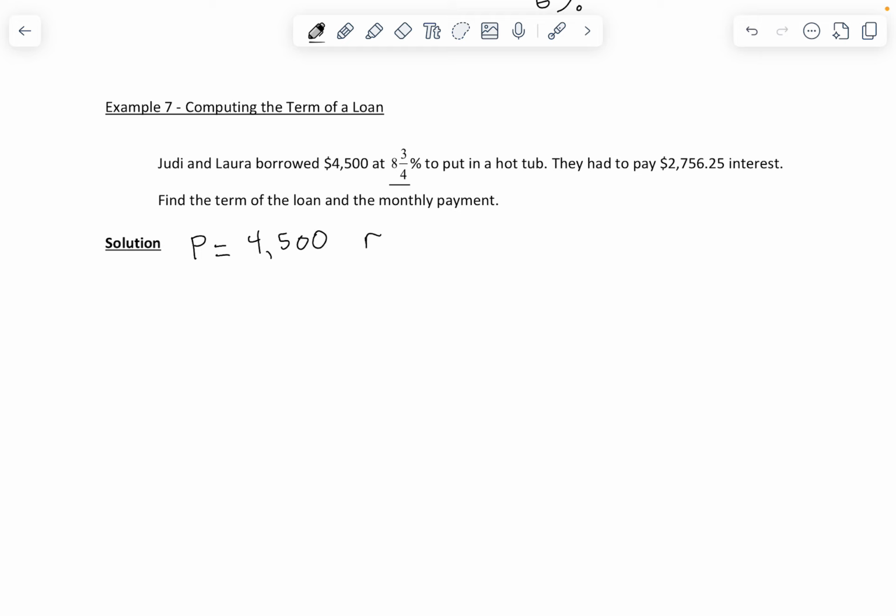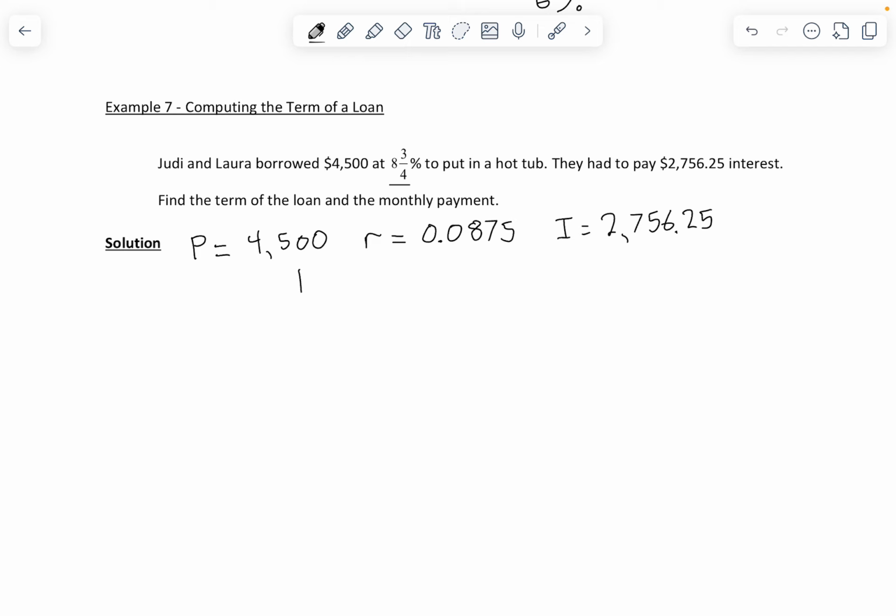R is the interest rate. It says 8 3/4%. That would be the same as 8.75%. I will put that in decimal form as 0.0875. And then we're given the amount of interest as well. I is equal to $2,756.25.